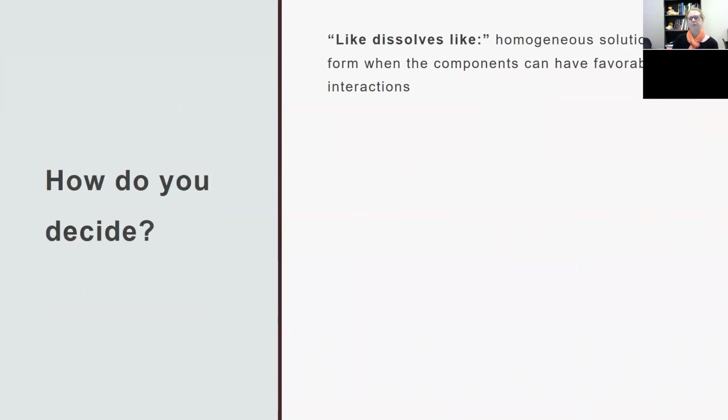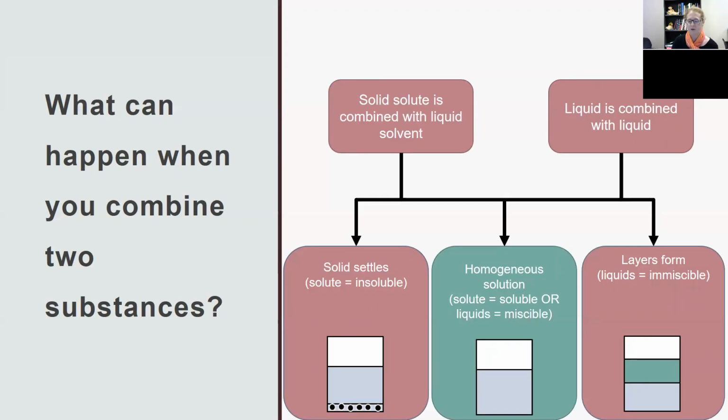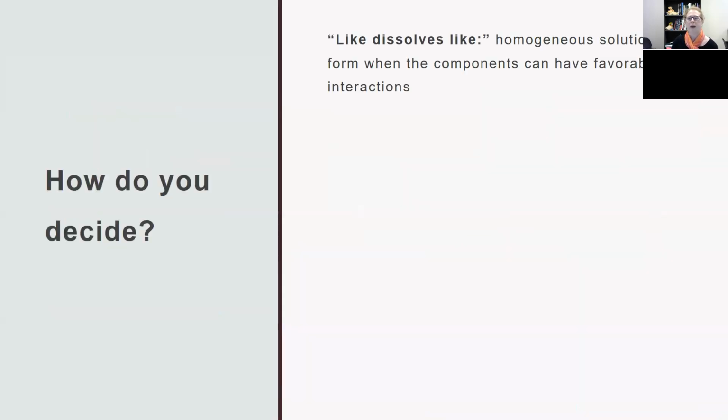And how do we decide? The principle's easy. It's called like dissolves like, right? It says that I make a homogeneous solution. So remember, that was our center outcome. I get a homogeneous solution, I get perfect mixing, when my components have favorable interactions. And by interactions, I mean intermolecular forces.